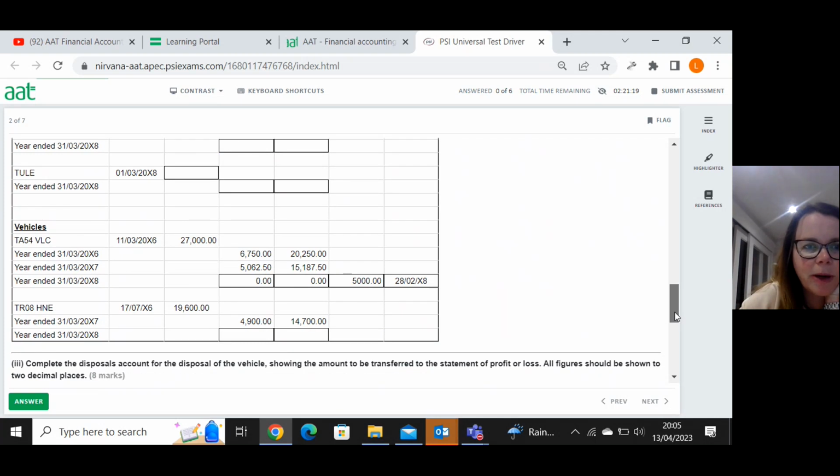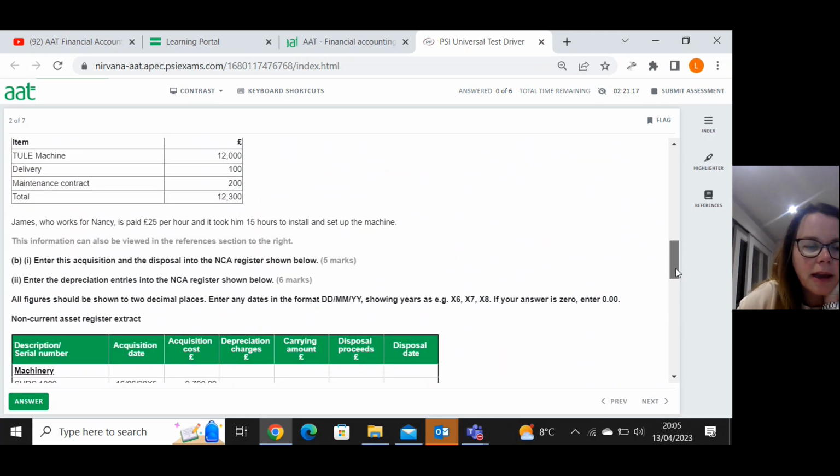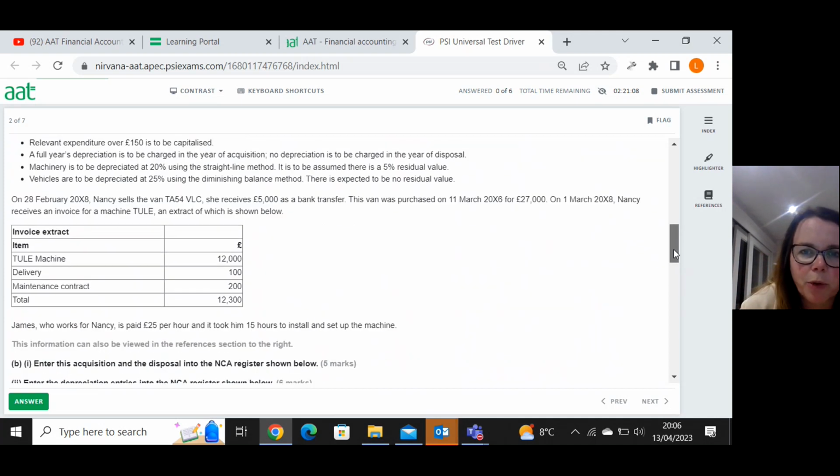Right, so I've dealt with the disposal. The question asks me to enter the acquisition and the disposal. So the acquisition is whatever we bought. So we have got, on the 1st of March, X8, Nancy receives an invoice for a machine tool.